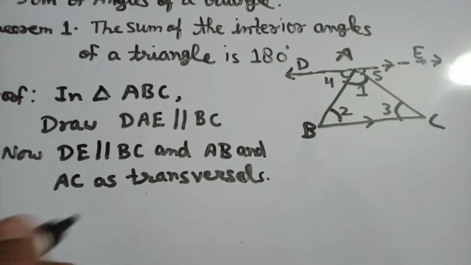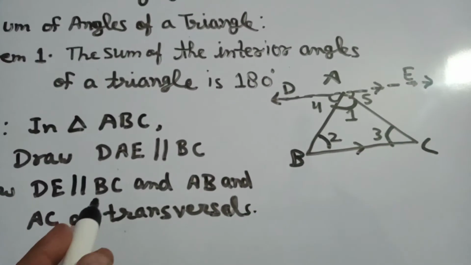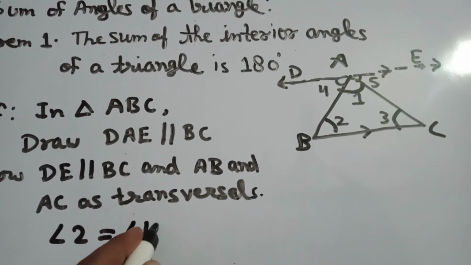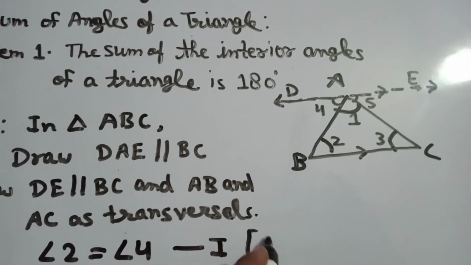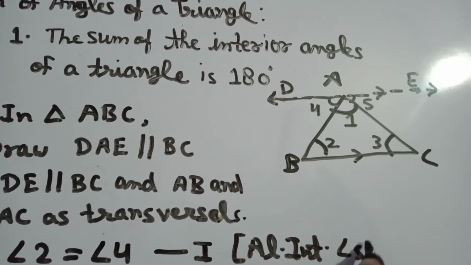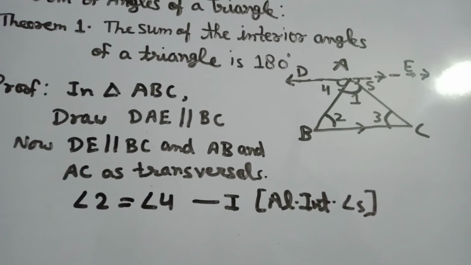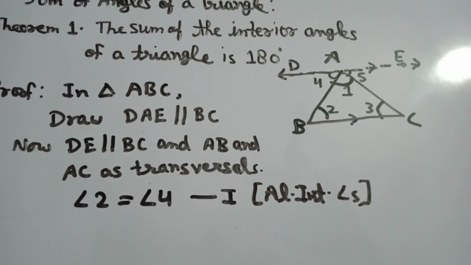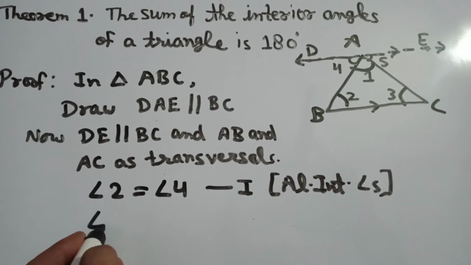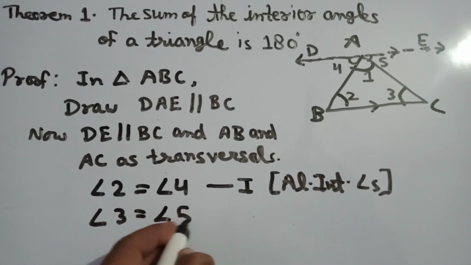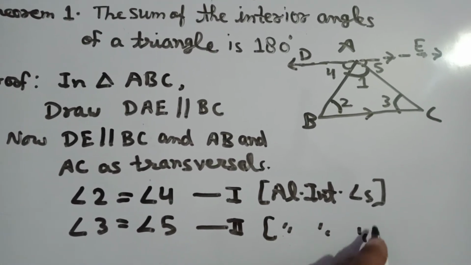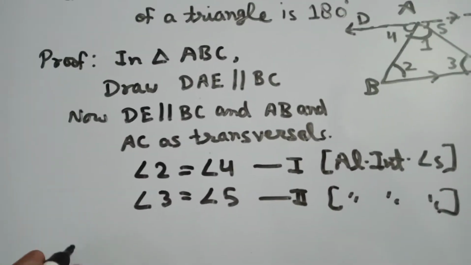So DE parallel to BC and AB transversal: angle 2 is equal to angle 4, alternate interior angles. We have discussed parallel lines earlier, so you know about alternate interior angles from the previous video. And angle 3 is equal to angle 5 with the same relation, alternate interior angles.